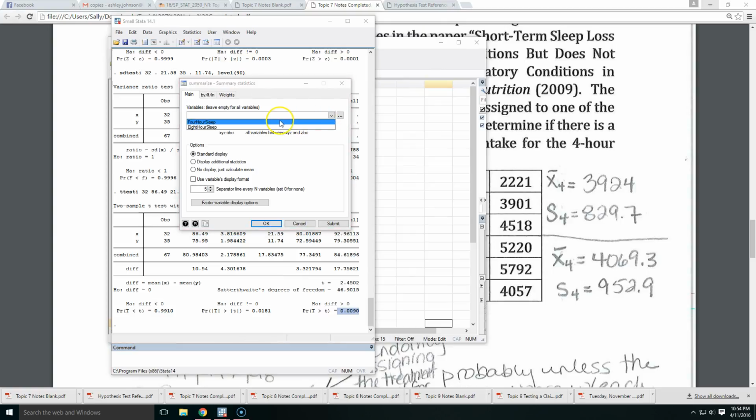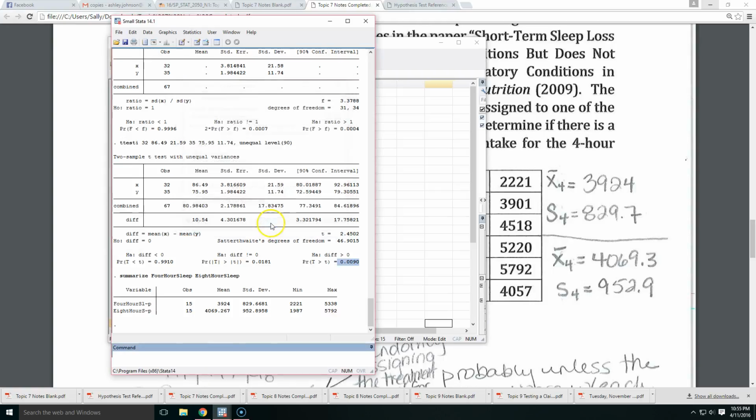So my 2 variables I've put in 2 separate columns. And if you leave this blank, it will actually automatically do an analysis of all the variables. But I usually like to fill them in just to make sure I know what I'm getting. The standard display is going to be good enough because we don't need any of the quartile stuff. So I just want to know, okay, what is this looking like?